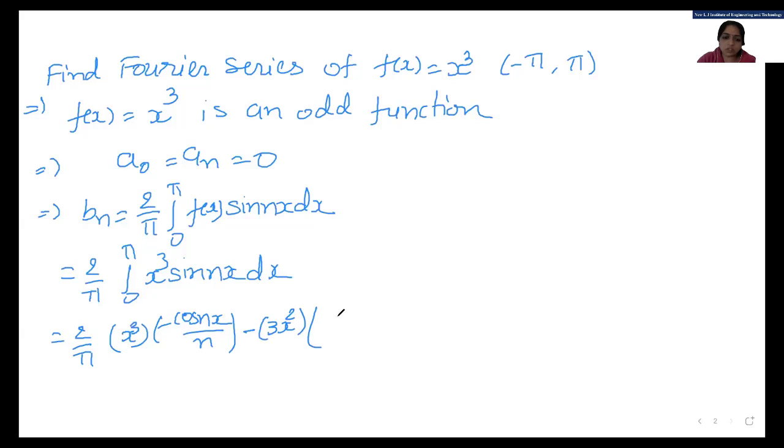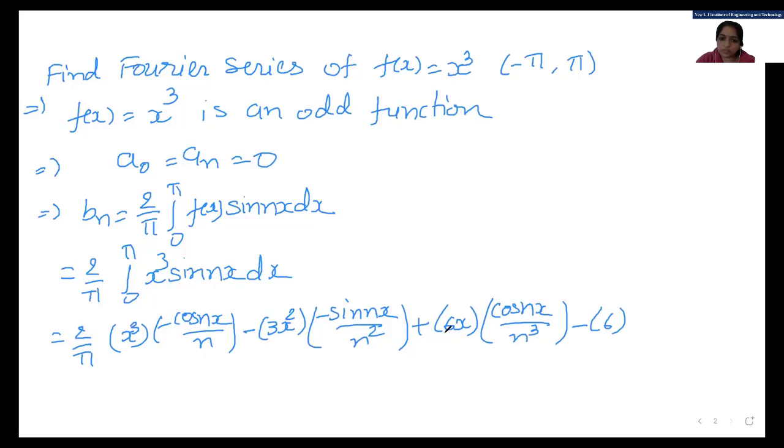Here the integration of minus cos nx is minus sine nx upon n square, plus 6x. Here integration of sine is minus cos, so minus minus plus, that is cos nx upon n cube, minus 6, derivative of 6x is 6, and the integration of cos nx is sine nx upon n raised to 4. Okay, and the limits are 0 to pi. Here the derivative of 6 is 0, so no need to write more terms, right?